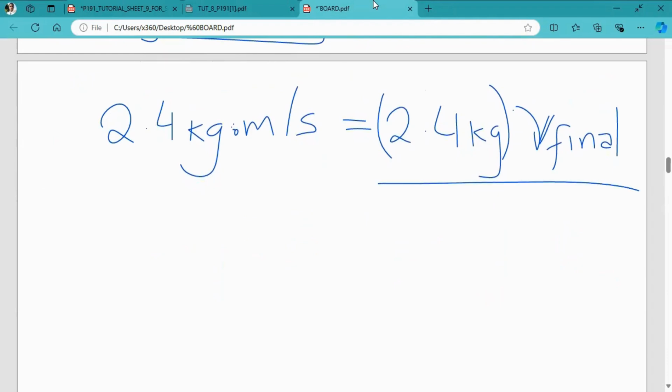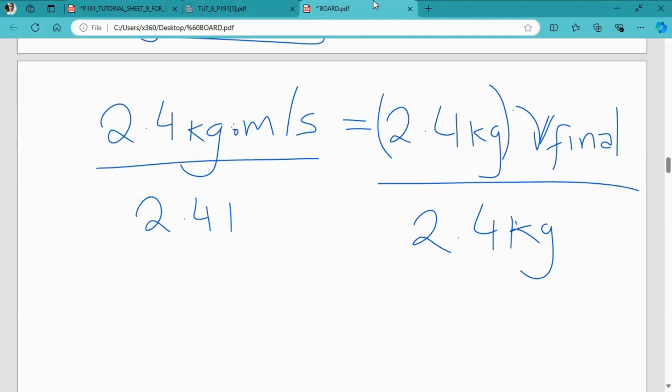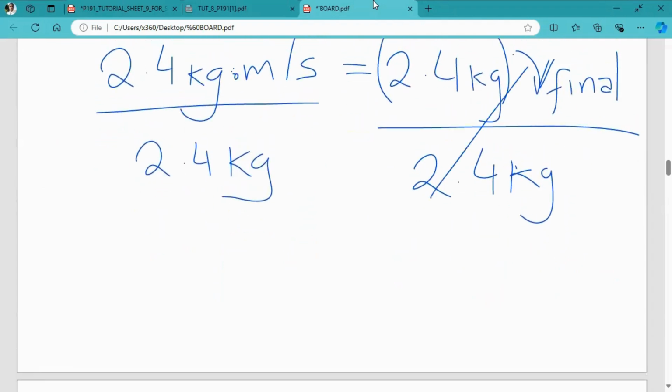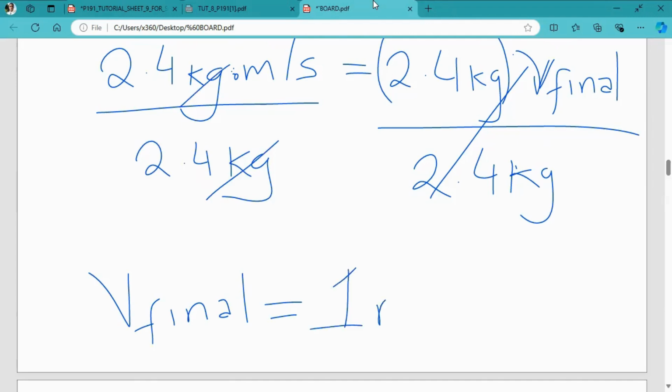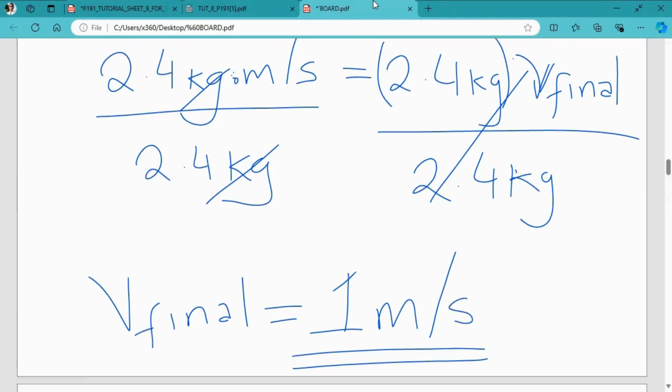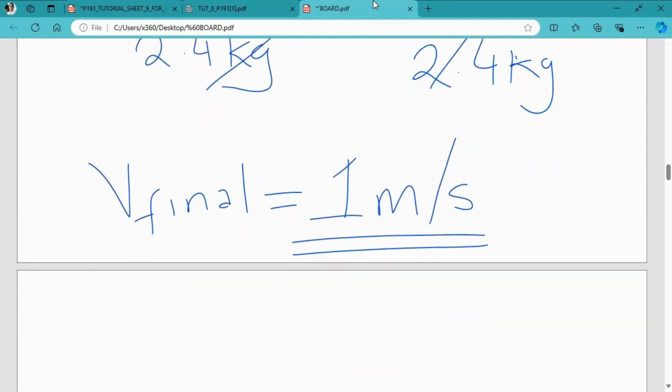So we're going to divide both sides by 2.4 kilograms. And what are we going to have? These should disappear, and our V final should be equal to the kg disappearing, then I'm going to have 1 meter per second. So that is going to be the final velocity of these two guys.